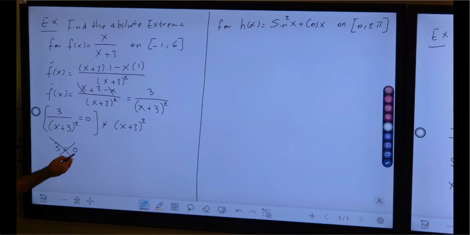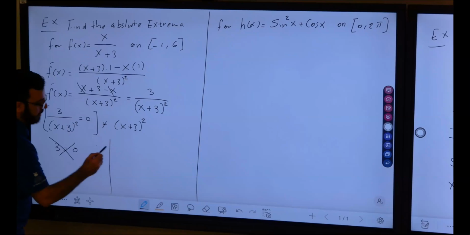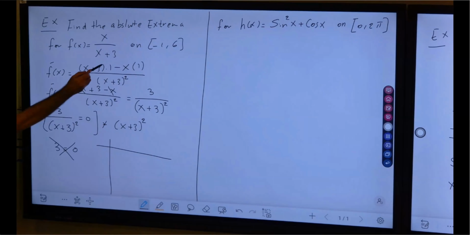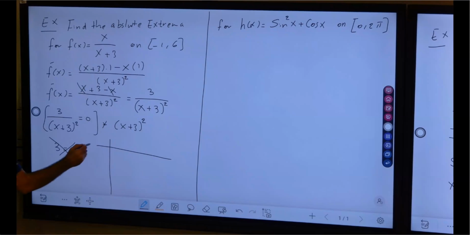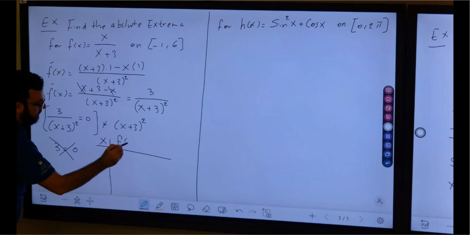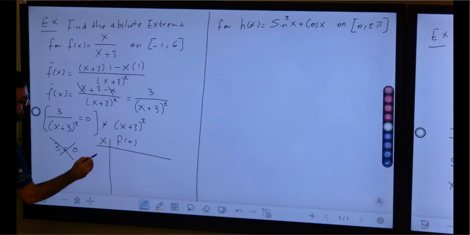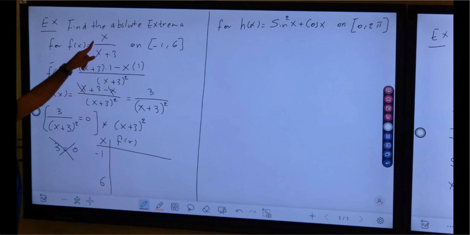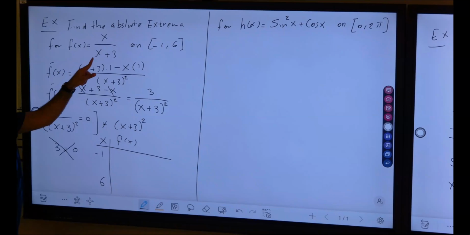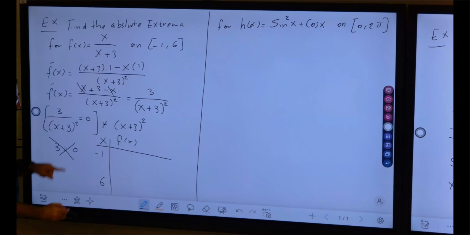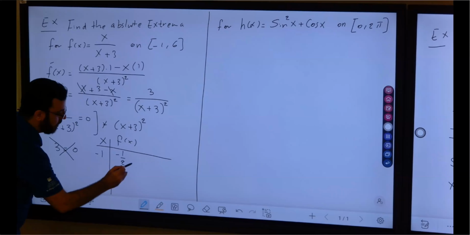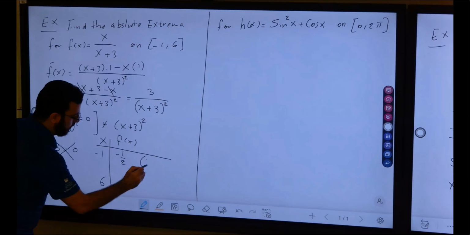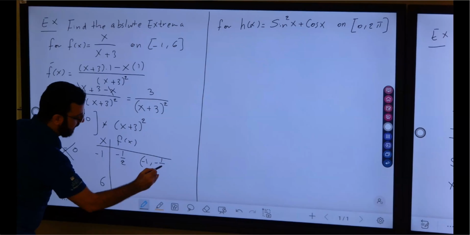3 equals 0. So what do I have to do? Just check the interval we have. Make a table of x and f of x. Plug in -1 and plug in 6. If you plug in -1, it's -1 over -1 plus 3, which is 2, so it's -1 over 2. So here is -1 and -1/2.